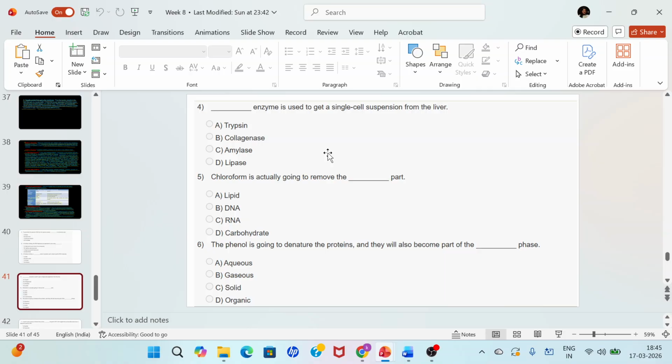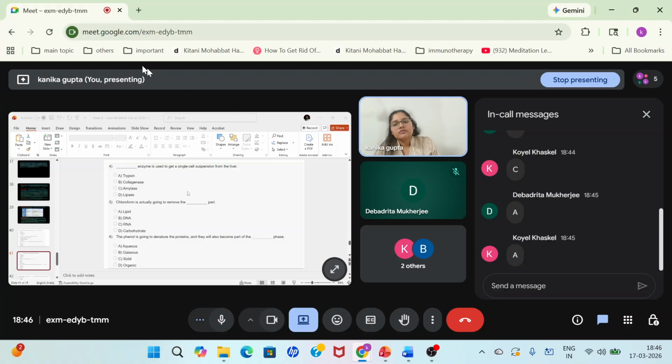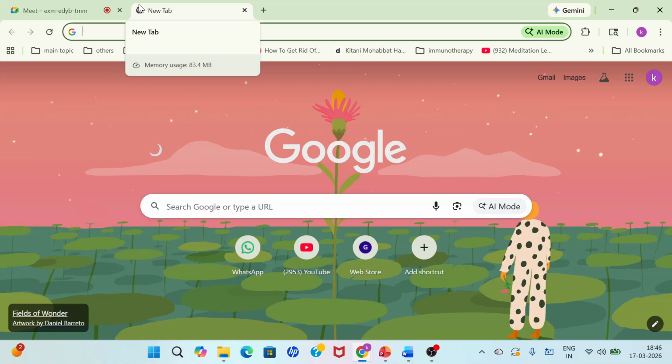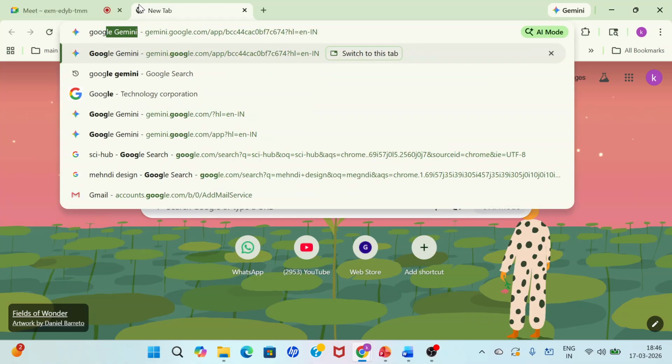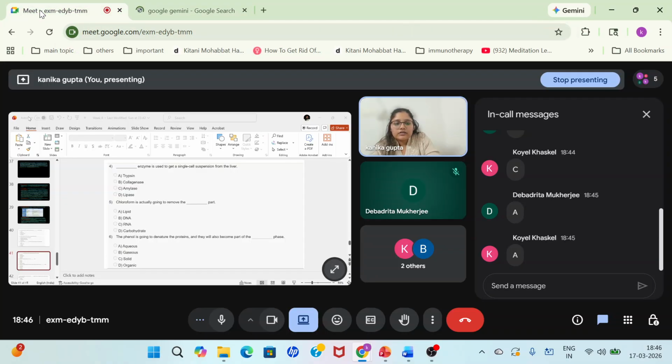Question number 4. The following enzyme is used to get a single cell suspension from the liver. Answer to question number 4, everyone.